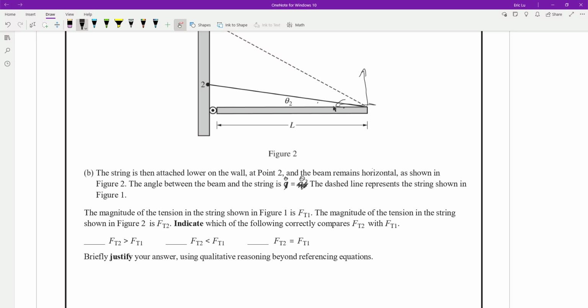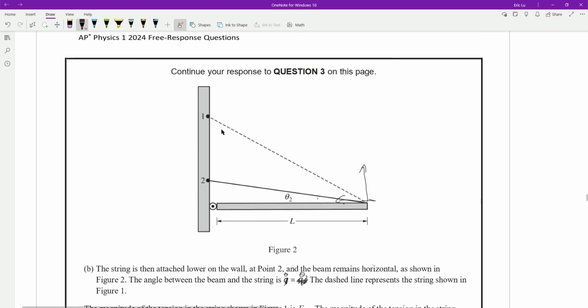Okay, what I made here is an axis, and this basically shows the distribution of the tension of the string. So for the second tension, the vertical component is lower, because since the angle is lower, this vertical component of the tension will be lower. And the vertical tension of number 1 would be higher.